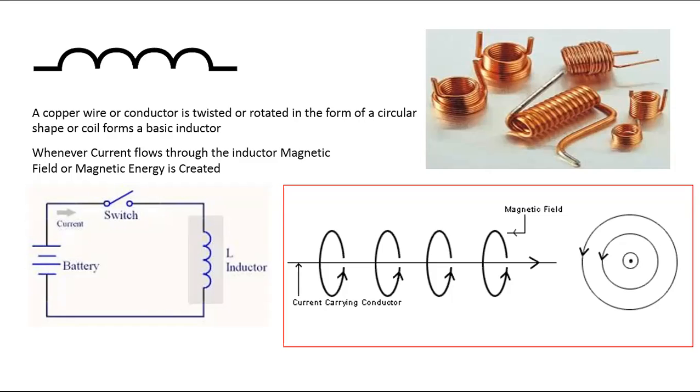So what is the use of an inductor? An inductor creates or generates magnetic field or magnetic energy. The difference between magnetic energy and field we'll see later on. Whenever current flows, magnetic energy is created. So that's why the name electromagnet. Now we are coming to the electromagnet. First, the inductor definition we have seen.